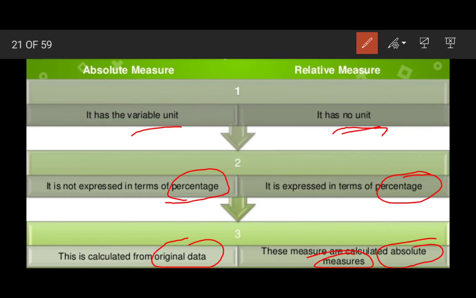This relative measure is nothing but the ratio of the absolute measure. We convert this relative measure into percentage, right? And it is common for all the distributions, and that's why we get a common percentage part for all the distributions, and that's why we can compare all the distributions.